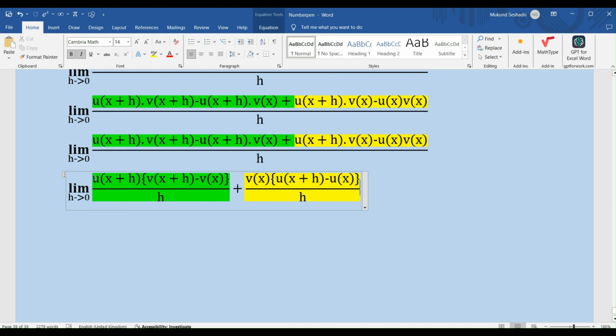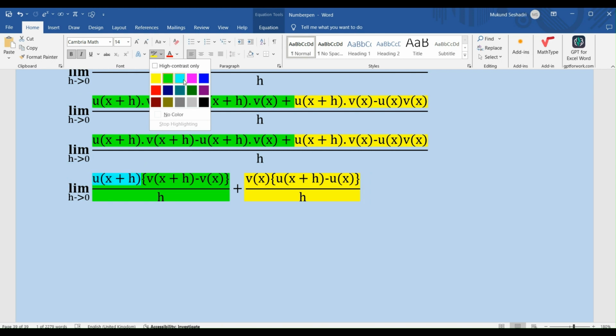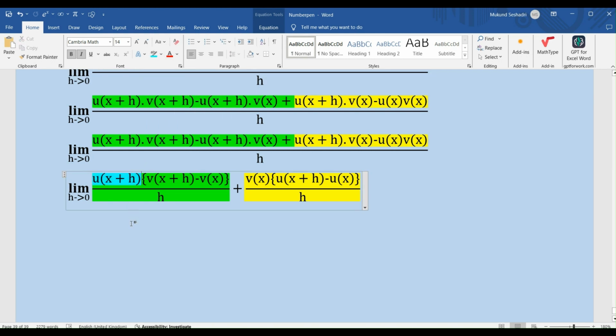So if u of x is continuous, what is my u of x plus h? Let me highlight it in a different color. Maybe I'll call it turquoise. My limit h tending to 0 of u of x plus h is nothing but u of x, right? And why is that? Because this function u of x is differentiable, and therefore it is continuous as well.